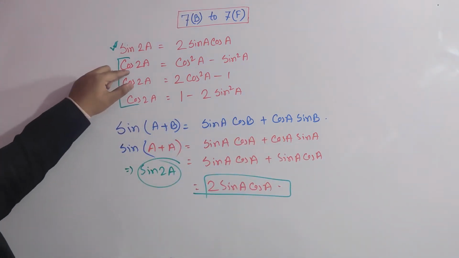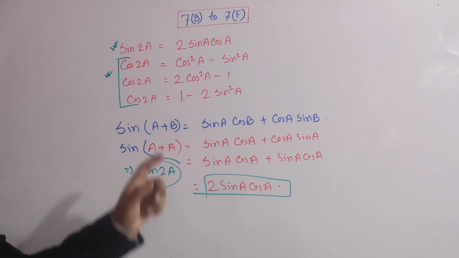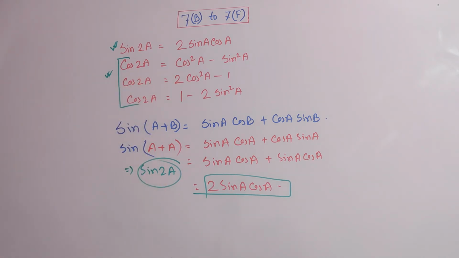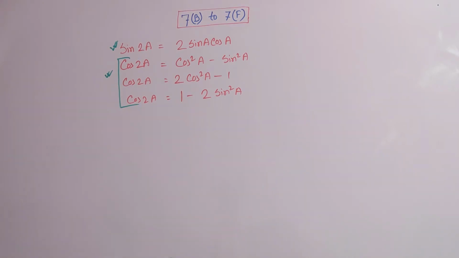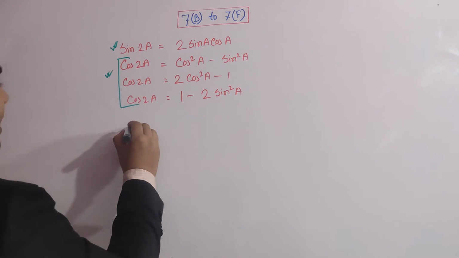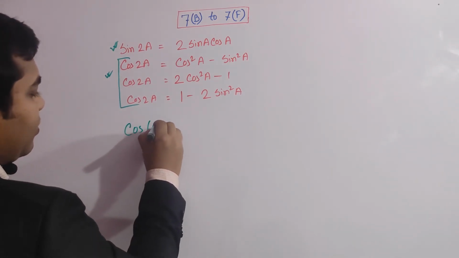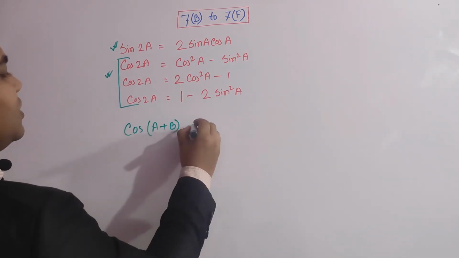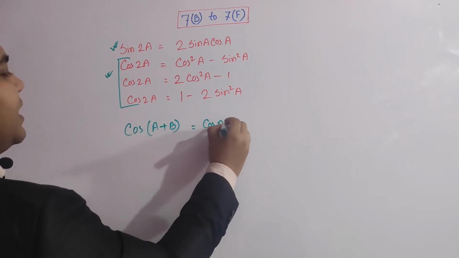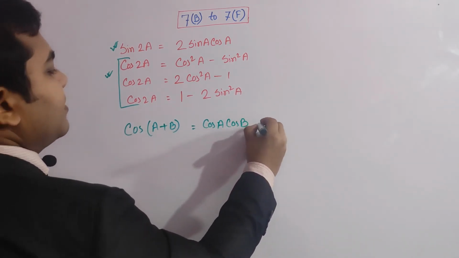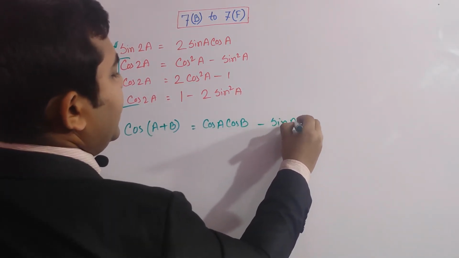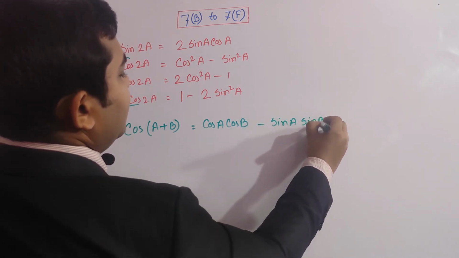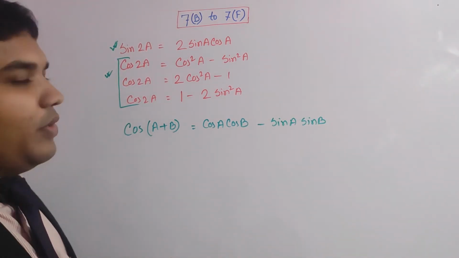Similarly, if we are going for the cos, then we'll get cos 2a equal to cos square a minus sin square a. I think you all can understand this, but I will show you again. So now we are going for cos (a plus a). We know cos (a plus b) equals what? That is cos a cos b minus sin a sin b. That is the formula we know.